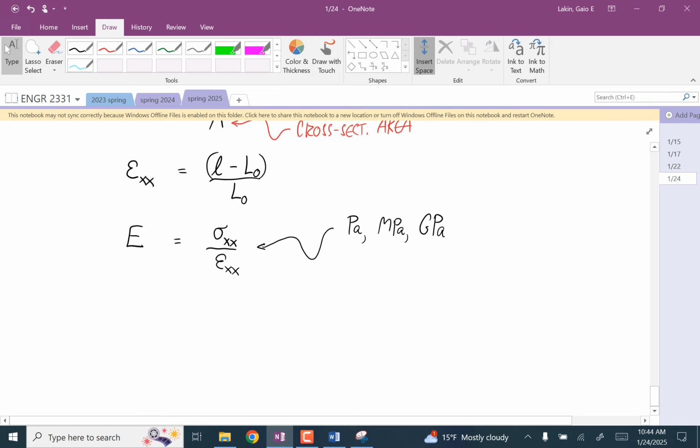And then to calculate Poisson's ratio, I'm going to do it with Y, but you could also do it with Z. We're also going to measure the Y strain, normal strain. And this is the final length in the Y direction minus L sub 0 divided by L sub 0.